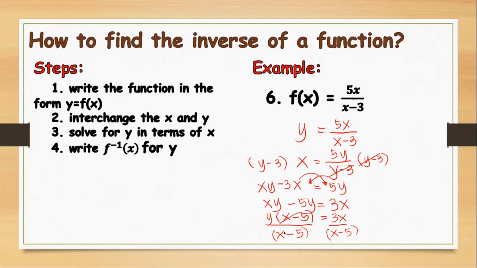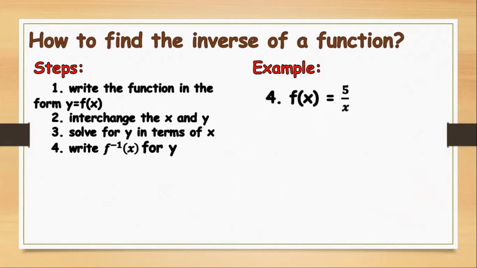So we cancel this. The inverse will be y equals 3x all over x minus 5. And so our final answer will be f inverse of x equals 3x over x minus 5. Okay, so that's it. Let's continue with another example.